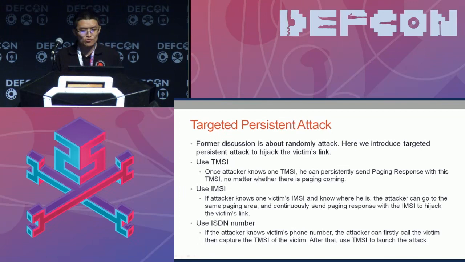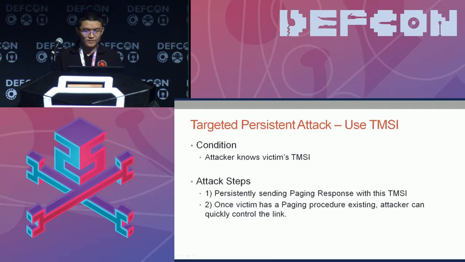Now let's go on to the next slide and introduce the details about how to implement a targeted hijack. Firstly, we can use TMC to attack the victim as we discussed. With this attacking method, we could constantly send in paging response to the network using the victim's TMC.